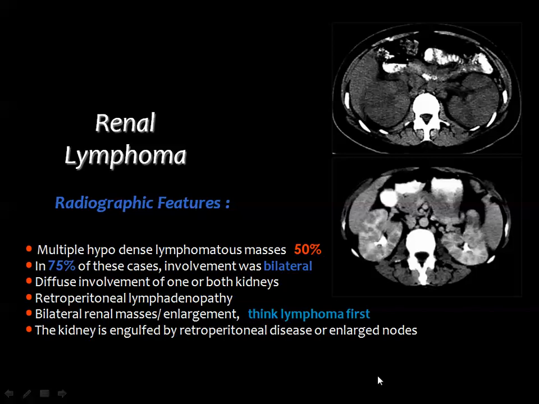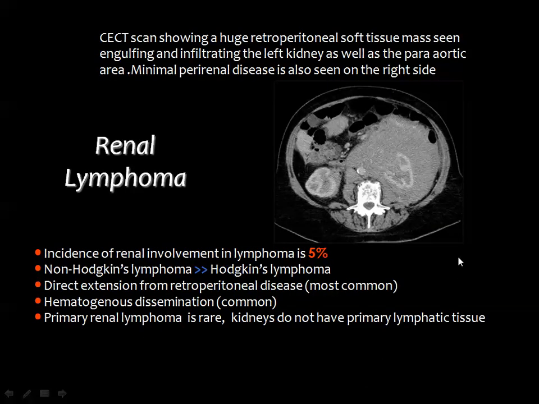And sometimes the kidney is engulfed by retroperitoneal disease or enlarged lymph nodes, as you see in this example, and this is known as perirenal lymphoma.